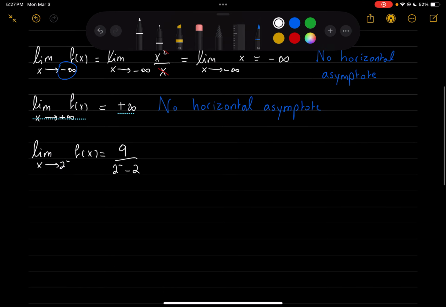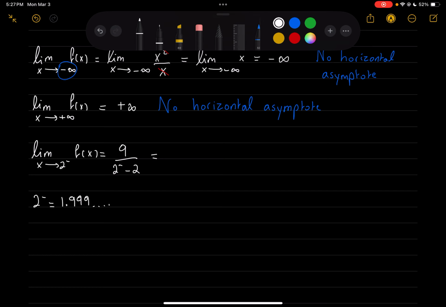So what is 2 minus? 2 minus is microscopically smaller than 2, which can be represented as 1.9993 dots, going on forever. If you subtract 2 from 1.99999, it is going to be a negative number, but also super small, microscopically small, and negative.